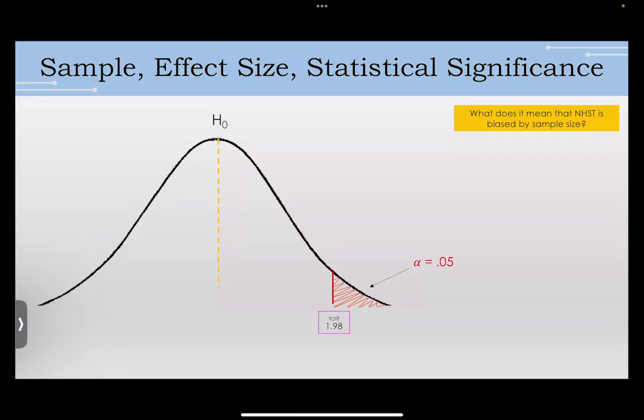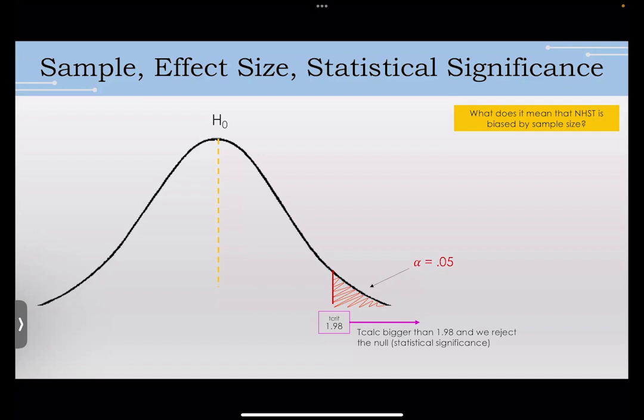The T critical, this is for degrees of freedom 98, so 100 people, is 1.98. So any T I calculate that's bigger than 1.98, I'm going to reject the null and conclude statistical significance. Any T lower, I'm going to retain the null and say not statistically significant.